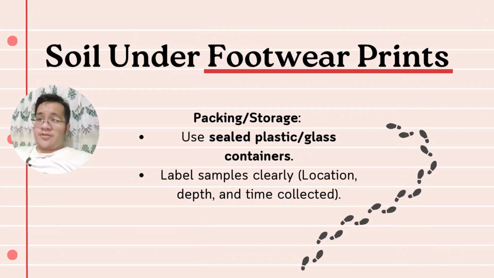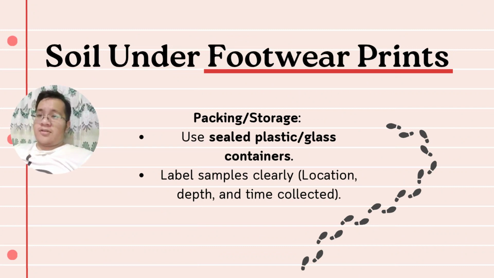As for the packaging, use sealed plastic or glass containers and label them clearly, wherein you need to input the location, the depth, and the time collected. But actually, regarding this collection, it is questionable because it did not state how you can properly collect it. Do you need to use the plaster of Paris method or just take up the whole ground itself?